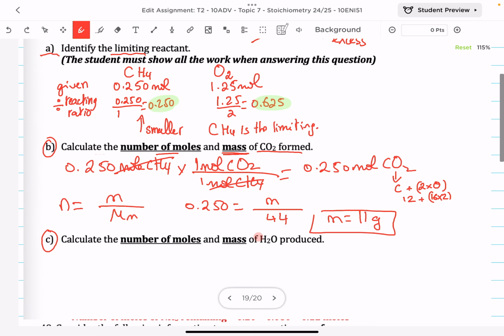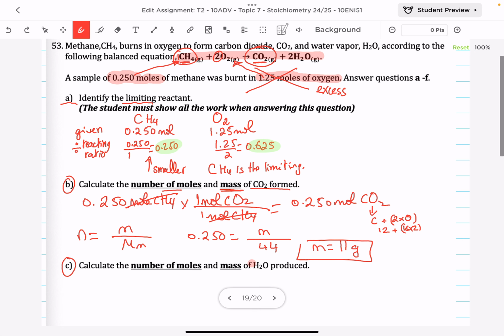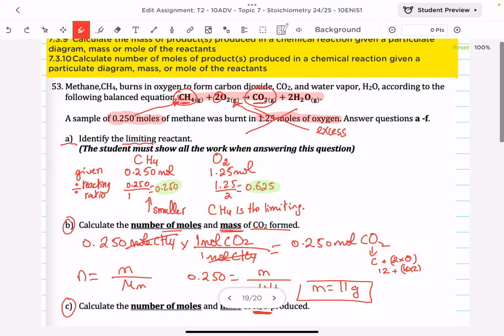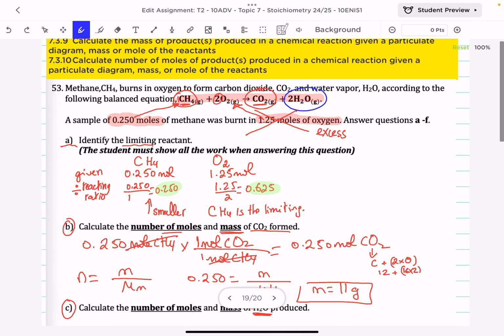Another question. Calculate the number of moles and mass, but this time they want H2O. Am I going to find H2O by using the excess or by using the given of the limiting? Of course, by using the given of the limiting.